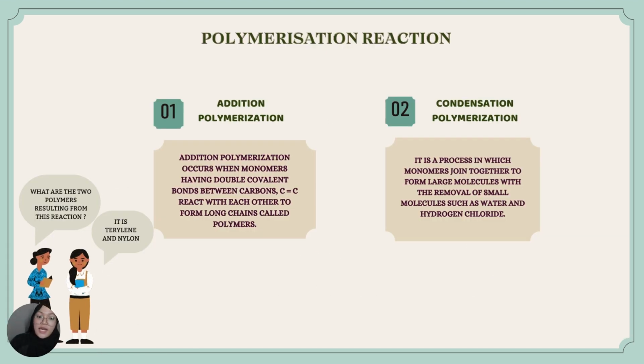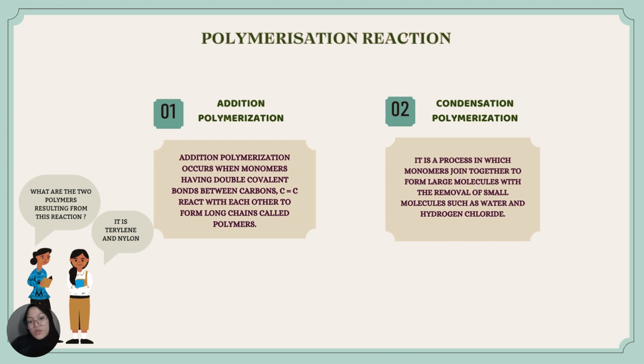Polymerization reactions are of two kinds. The first one is addition polymerization and the second one is condensation polymerization. Addition polymerization occurs when monomers having a carbon double covalent bond react with each other to form long chains called polymers.